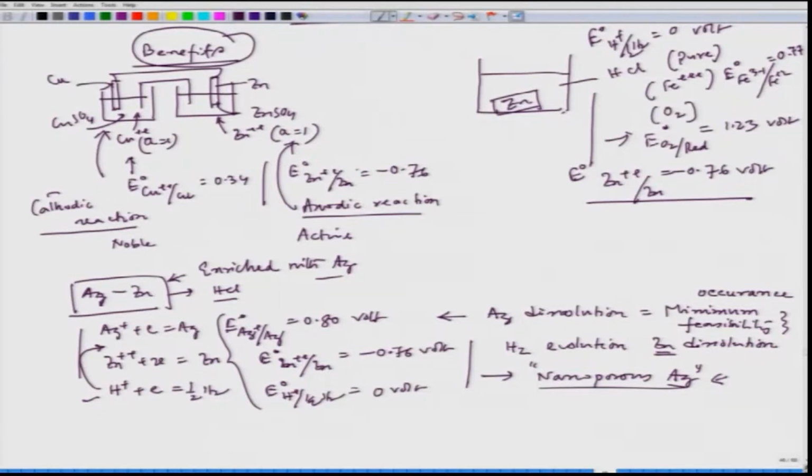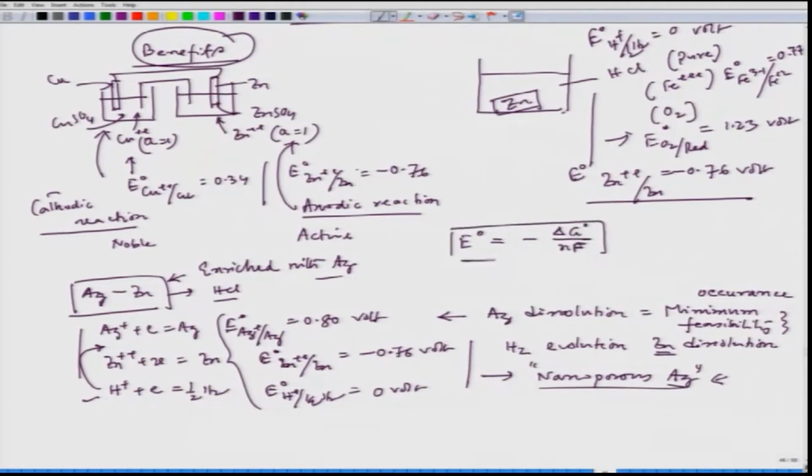Of course, the quantification is difficult. We cannot say how much zinc would dissolve by looking at this standard reduction potential. For that we need to get into the kinetics part. But from the thermodynamic concept, because E0 is a thermodynamic quantity. Why is E0 a thermodynamic quantity? Because E0 equals minus delta G0 by nF.